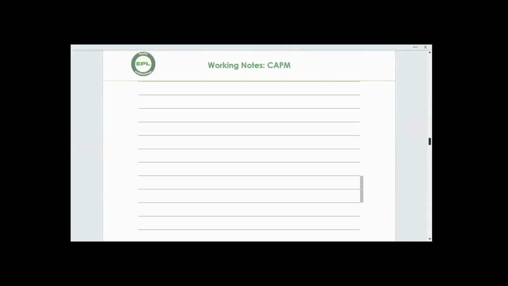Solution. Don't start again. Okay, this is the solution to illustration 7, page 100. Let me check.